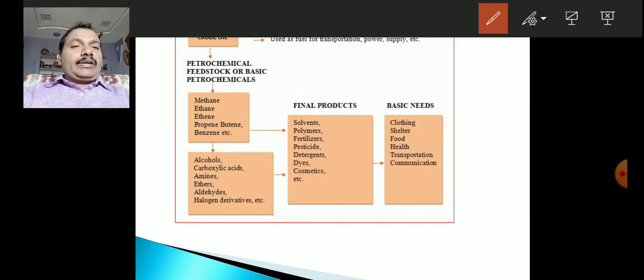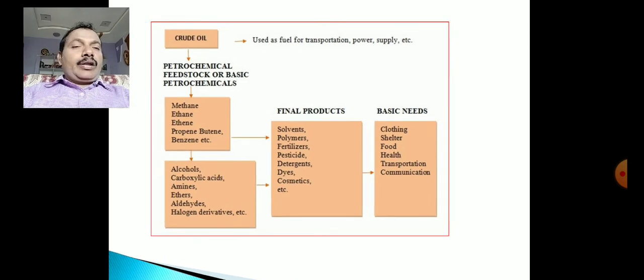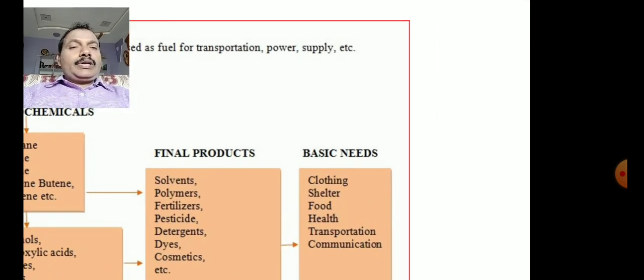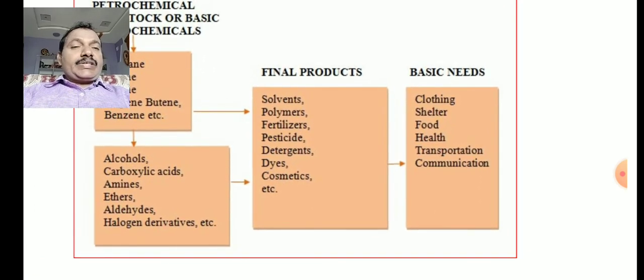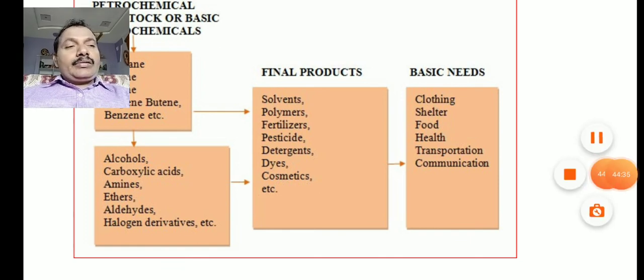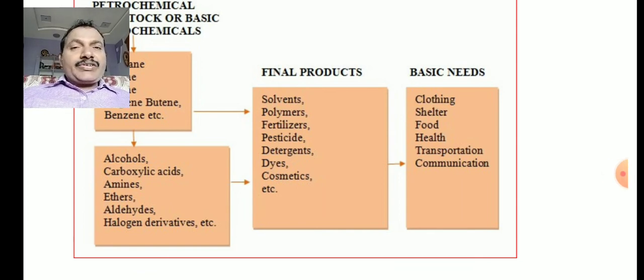With the final products, we develop the basic needs. Here, if you observe, the final products are solvents, polymers, fertilizers, pesticides, detergents, dyes and cosmetics, which are widely used in our daily life. Out of these, we can manufacture different cloths, that is polyester cloth, and like that.